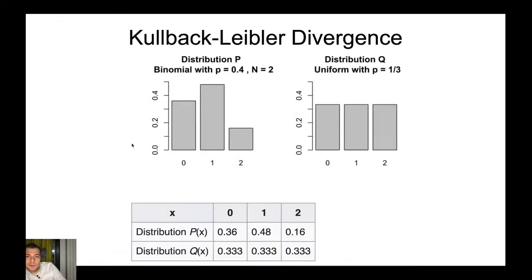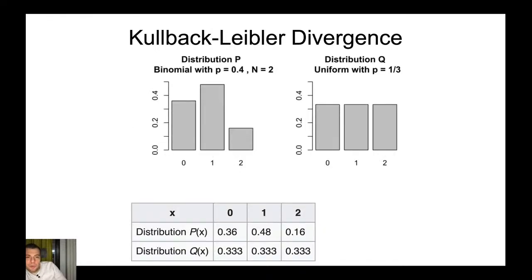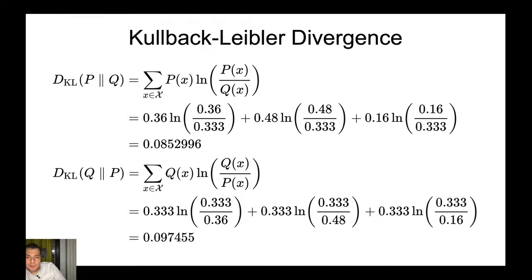Here we have a binomial distribution and a uniform distribution with 3 bins. We estimate the distributions of these probabilities using the bins here. You can see that the divergence between the two distributions is not symmetric, so we obtain different values. Okay, so this gives you a practical example of how to compute this Kullback-Leibler divergence.